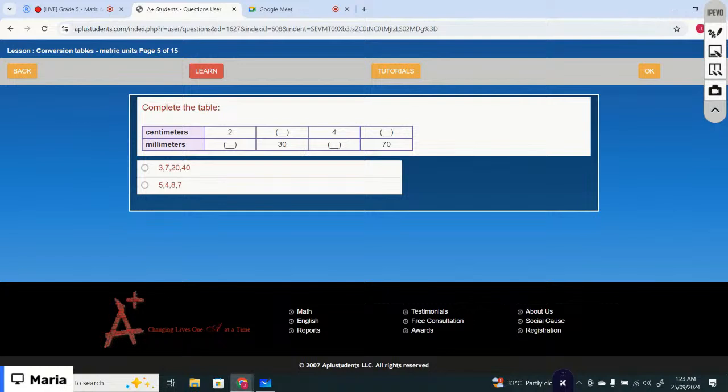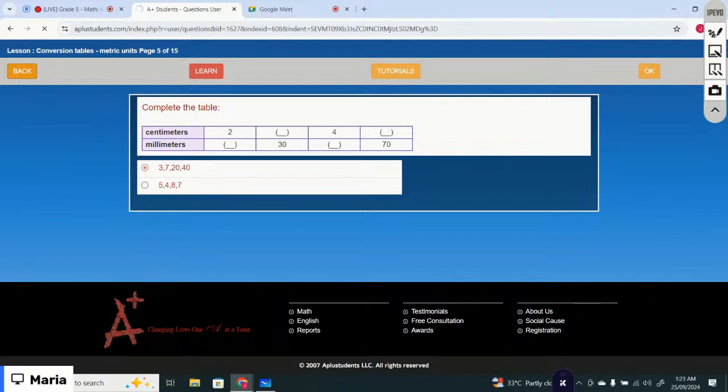From centimeters to millimeters, you have to multiply by 10, right? And then from millimeters to centimeters, you need to divide by 10. That is 3, 7, 20, and 40. Option number 1 is the correct option. Got it? Okay, you can complete the lesson by yourself later today. Let me just move on to the next lesson.